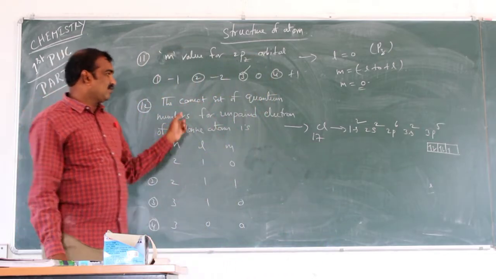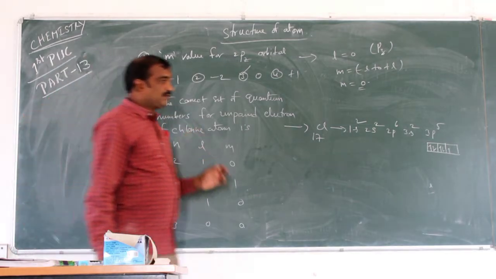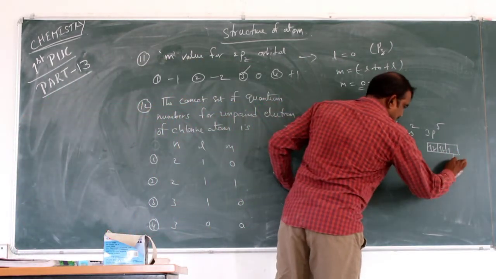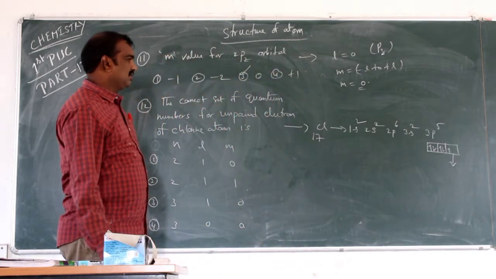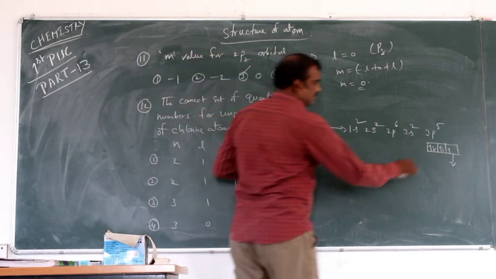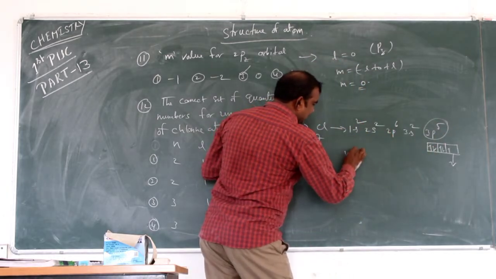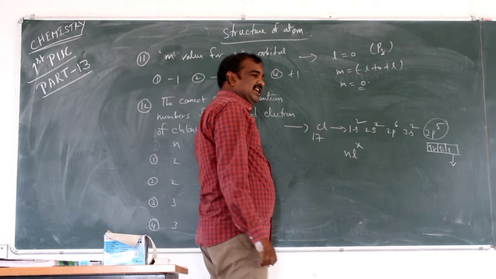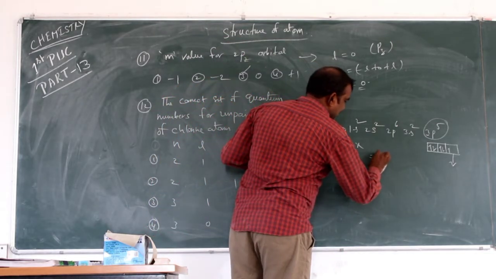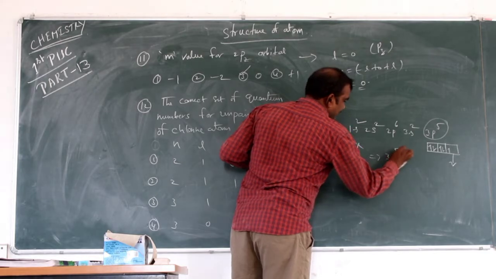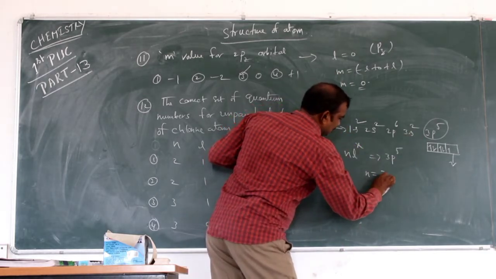So what is the question here? The correct set of quantum numbers for the unpaired electron of the chlorine atom. What are the quantum numbers asked for this one? Here we consider the n, l, m notation. It is 3p5. So what is the n value? n is equal to 3.